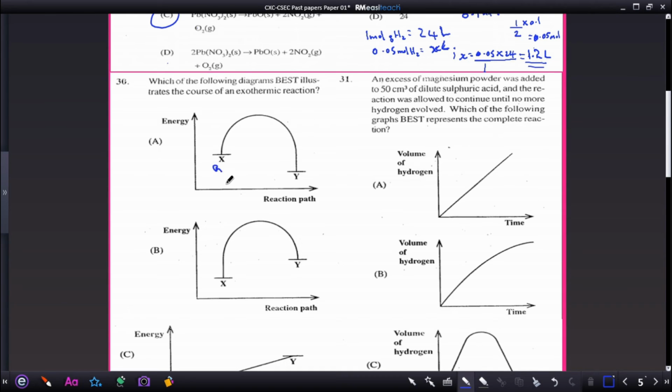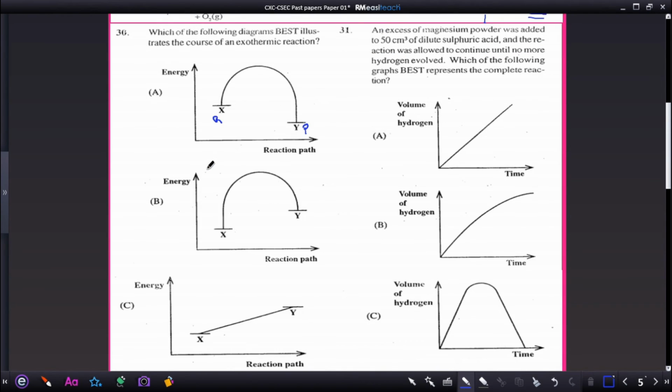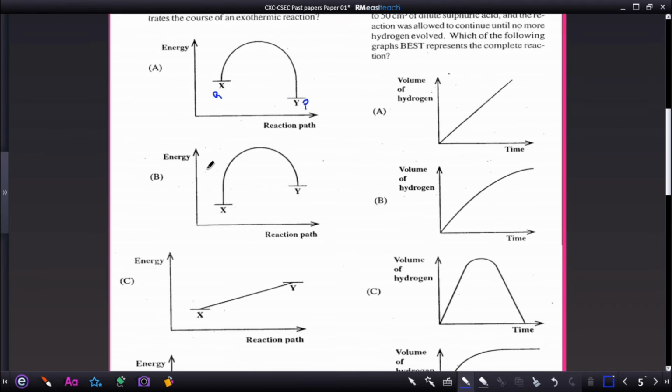So here we have the reactant. Y is the product, X is the reactant. And so the answer is A. The product is lower than the reactant. For endothermic, the product is higher than the reactant.